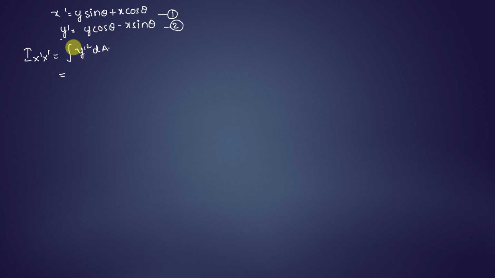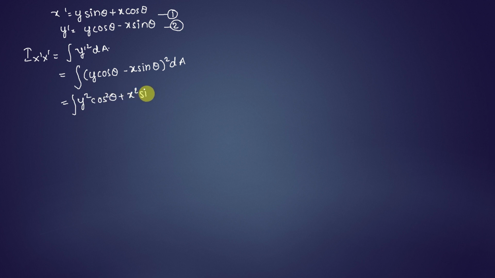This is what we have to substitute here. So integral of y cos theta minus x sine theta whole square into dA. That is integral of y square cos square theta plus x square sine square theta minus 2xy sine theta cos theta into dA.